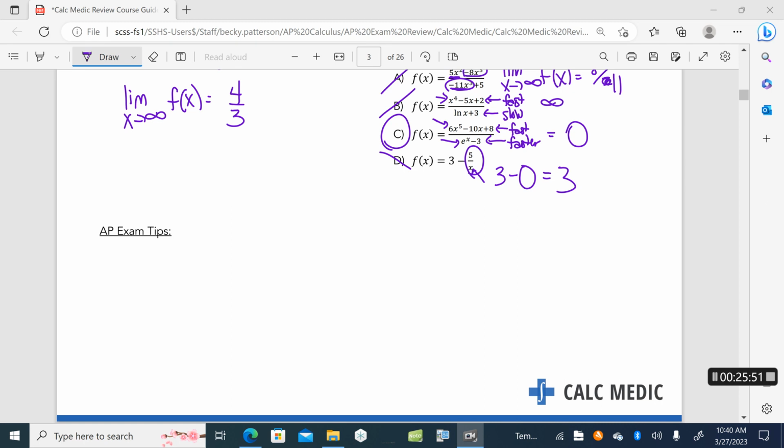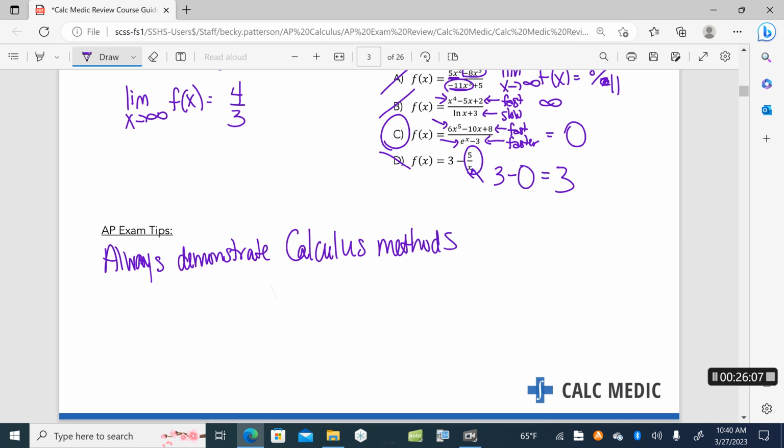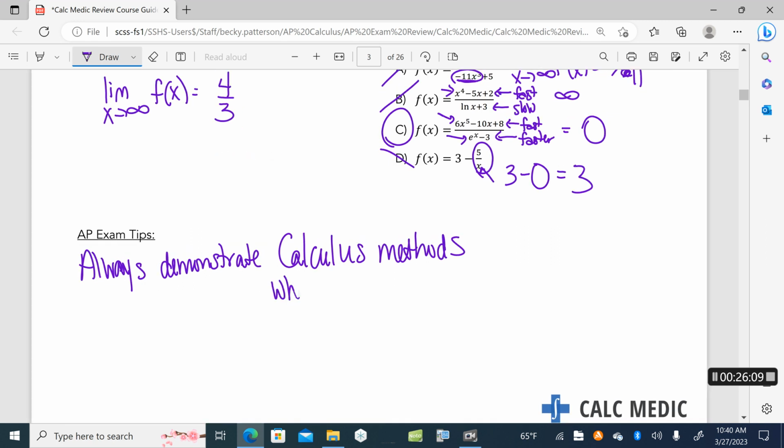And your exam tip for this is always demonstrate calculus methods when justifying results.